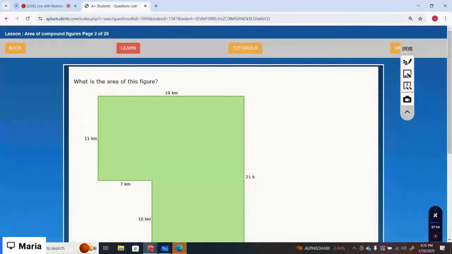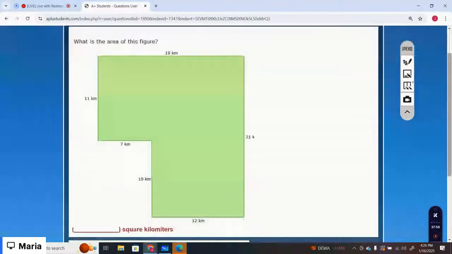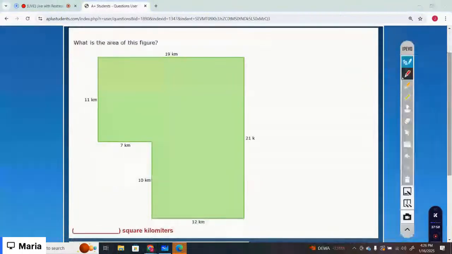What is the area of the figure? So let's just divide this figure into two figures and then calculate the area. This is 10 kilometers, so this is also 10 kilometers. That is 12, so that is 12. Calculate the area of this figure first. That is 12 times 10, that is 120. Now this length is 11, so this is 11.